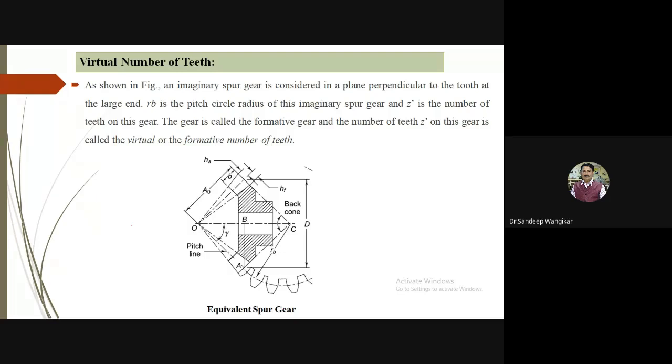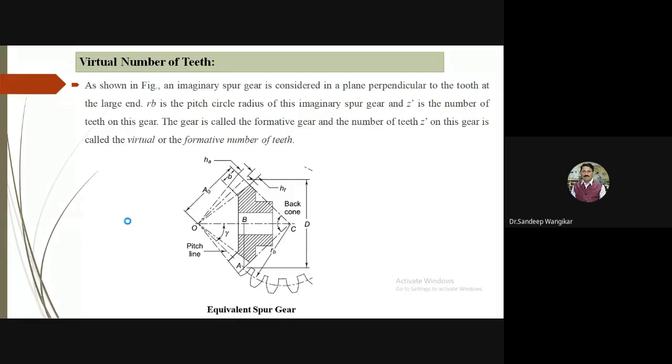Whatever the number of teeth on that imaginary spur gear, we took as the virtual number of teeth, or imaginary teeth, or formative number of teeth. The same concept we have to follow here. Here also we have to assume the formative gear, a spur gear in a plane, and proceed.